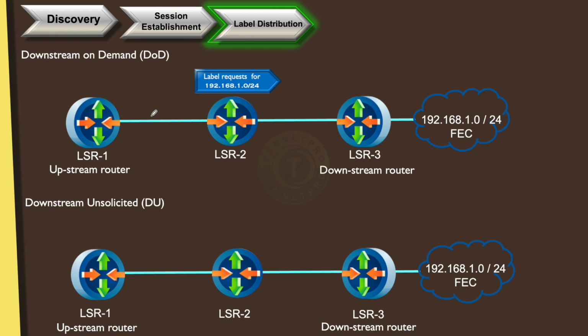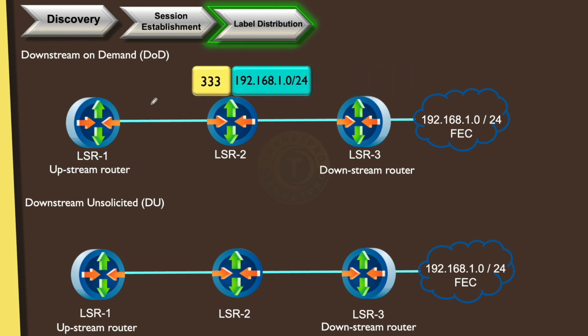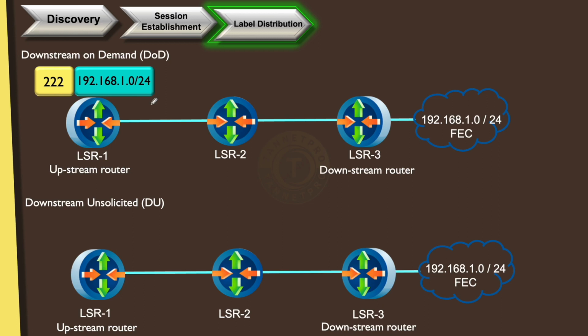Once LSR2 receives the request, he will also generate a request to LSR3 for the label, right? Router 3, give me a label for this FEC. Once LSR3 receives that request, he will assign a label and send it as a label advertisement to LSR2, right? Once he receives it, he will keep this label in his database, and he will generate another label by himself, and send it across to LSR1, right?